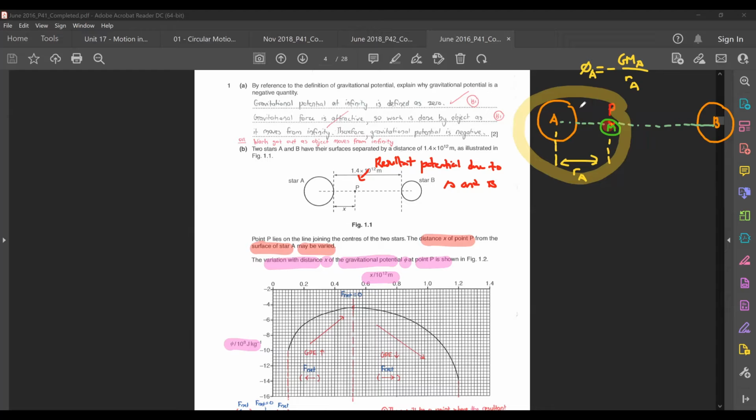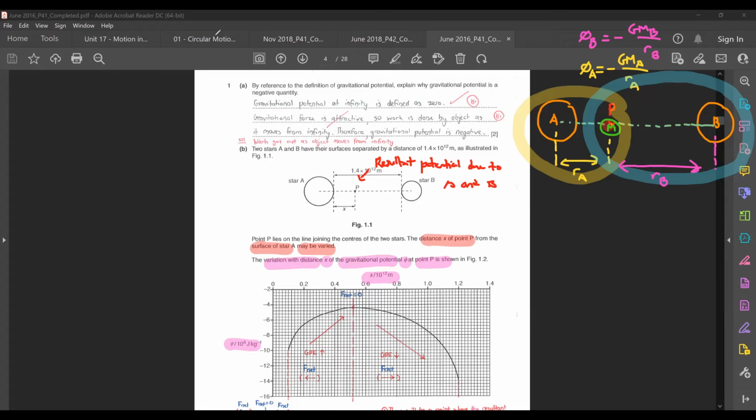Now I could also repeat the analysis for a different pair, namely between star B and the test mass itself. So I can also say that the potential due to B would be negative GMB over RB, where RB right now is this one.